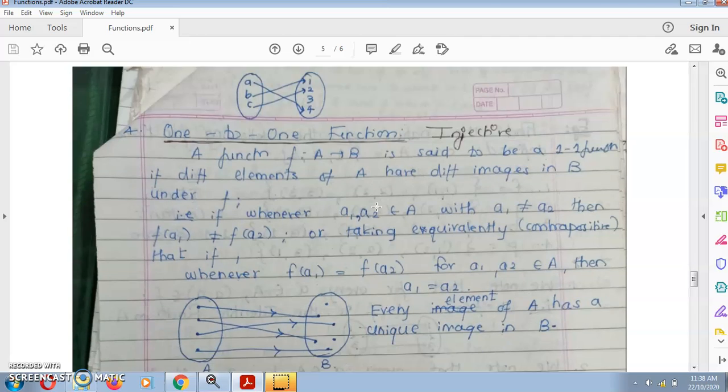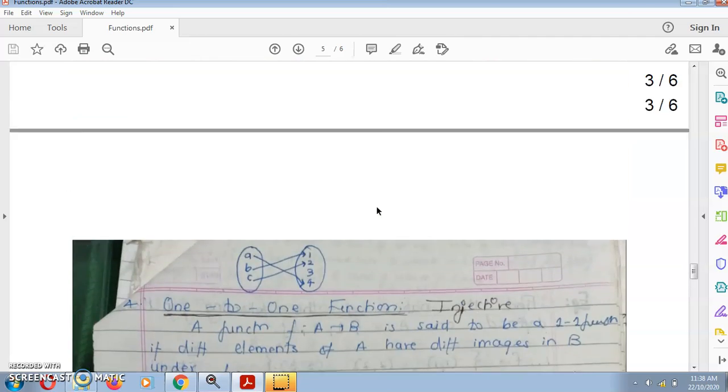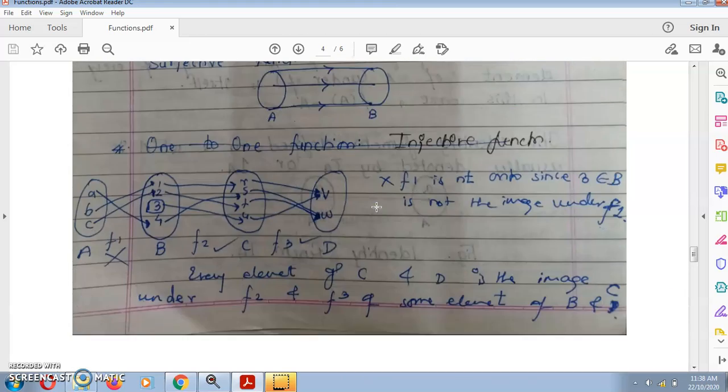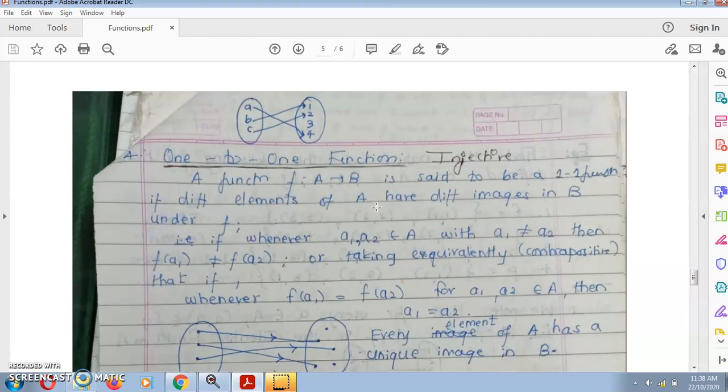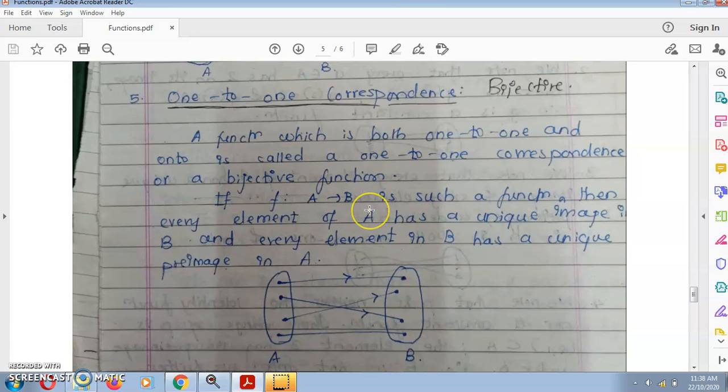One-to-one we saw just now. Onto function we saw, and the combination of one-to-one and onto is called a one-to-one correspondence. So let us see an example over here.